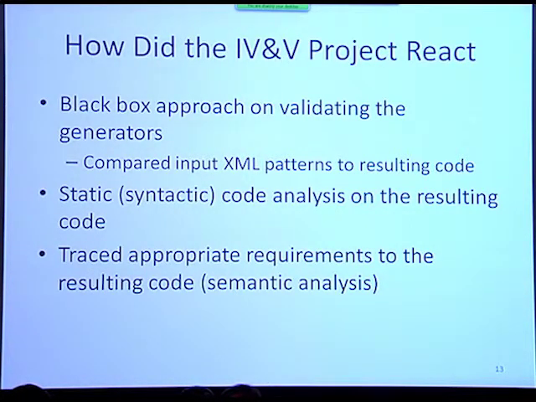And we also passed it through static code analysis once it came out. And for this case, we did trace requirements into the actual resulting code, not into the dictionaries themselves.